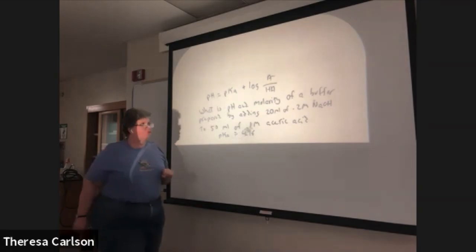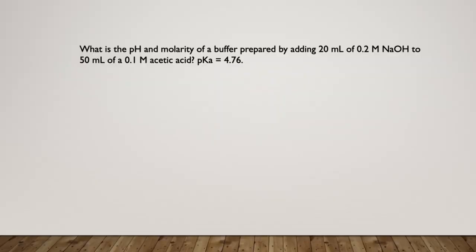Other than that, it's a very useful formula. So the question: what is the pH and molarity of a buffer prepared, and I'm sorry, I know I have bad handwriting, by adding 20 mLs of 0.2 molar sodium hydroxide to 50 mLs of 0.1 molar acetic acid.